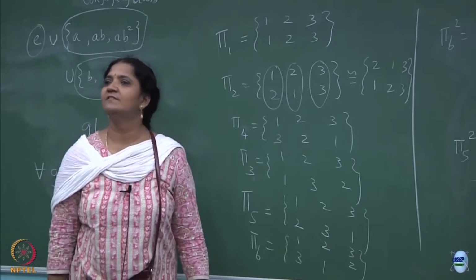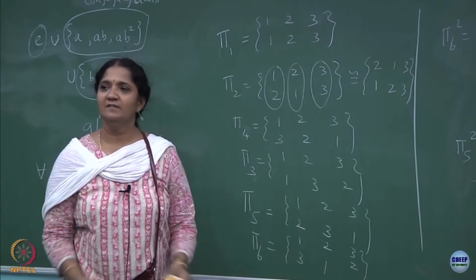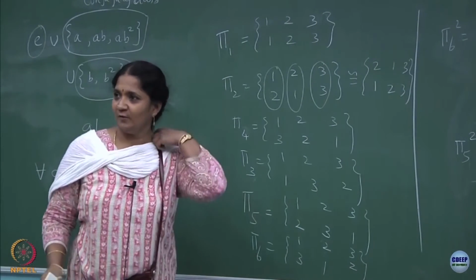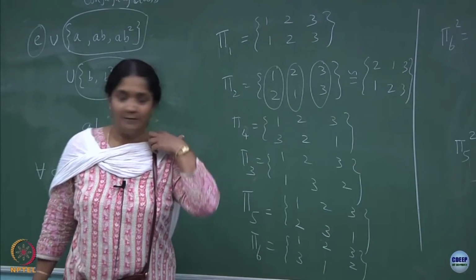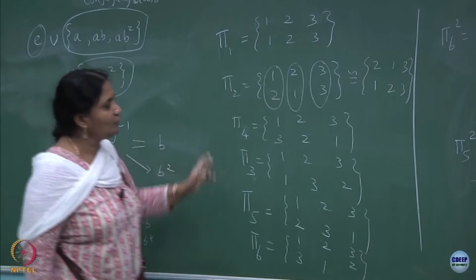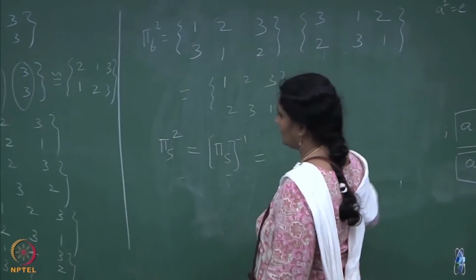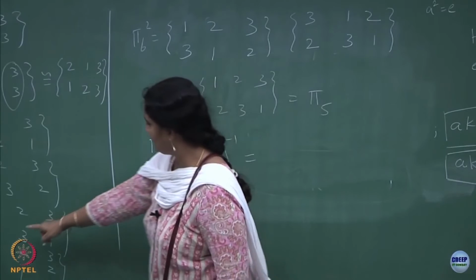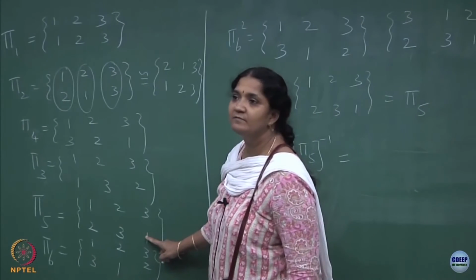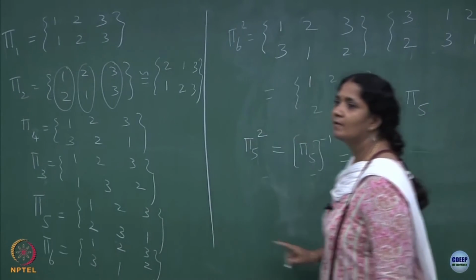What is an inverse? Inverse is, if you undo the process, you have to get the identity element, right. So, whenever I want to look at the inverse, what I will do is, I will look at here and write the inverse.